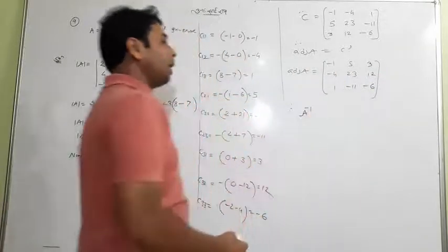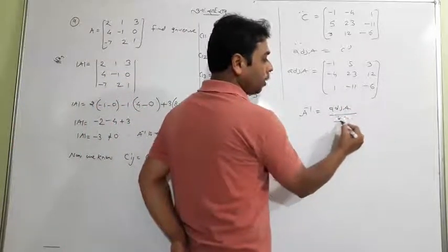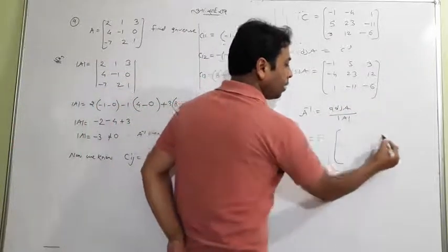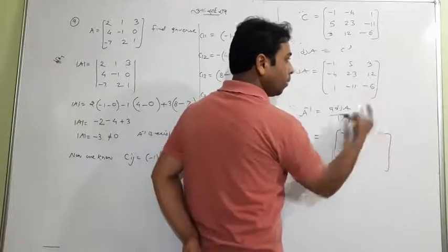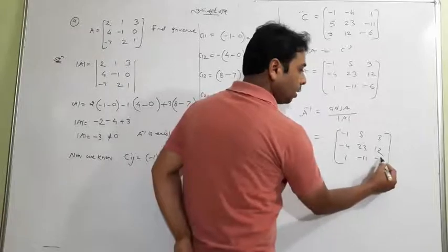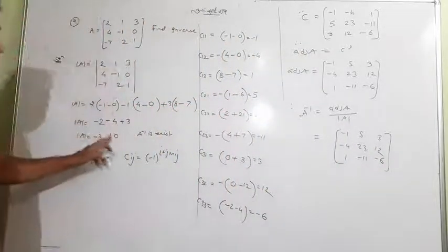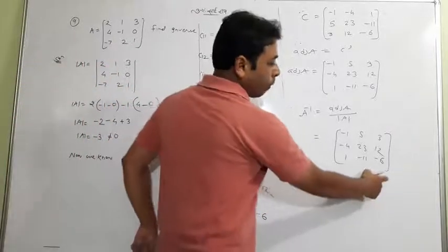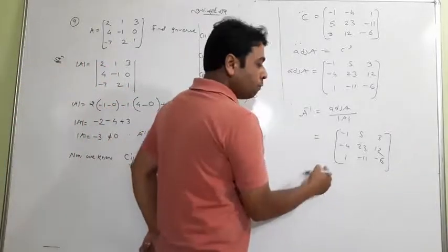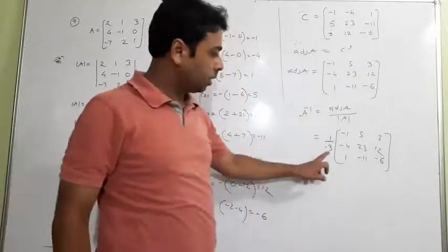What do you want to find out? A inverse. What is the A inverse formula? Adjoint A upon determinant A. So write adjoint A, which is again the same, upside. And lastly, determinant A is minus 3, which is written in the denominator of the matrix.